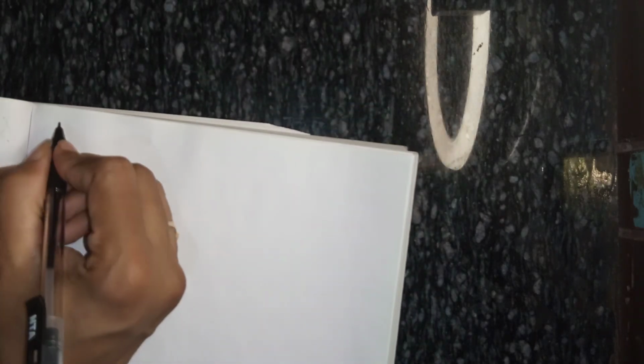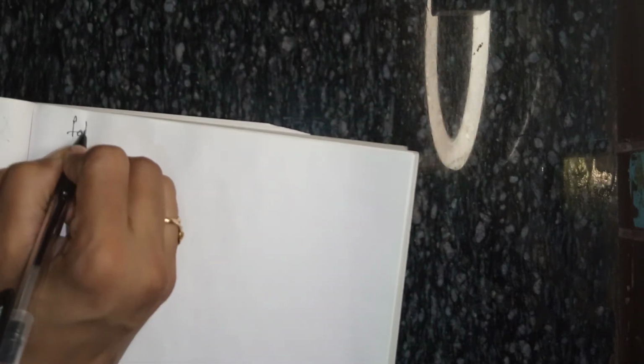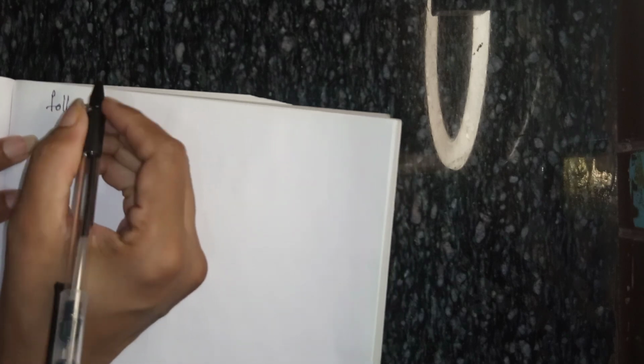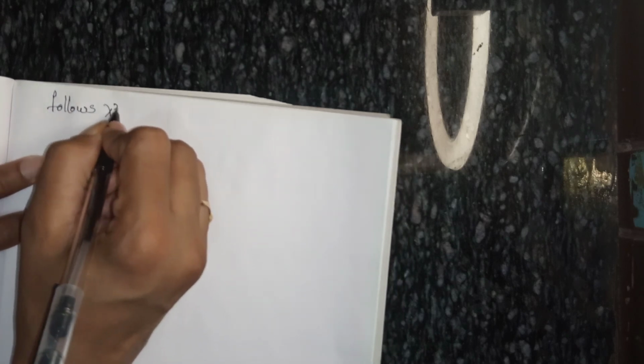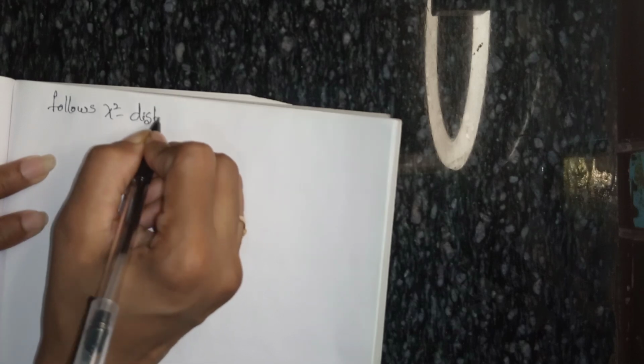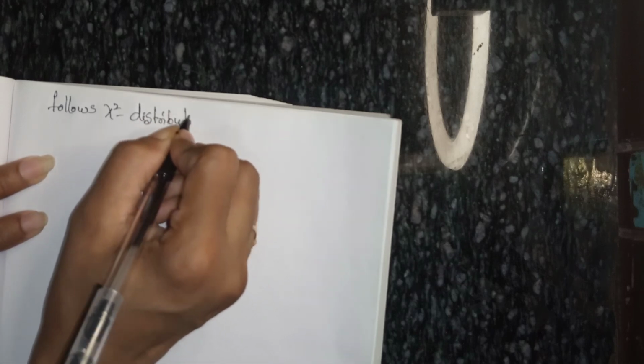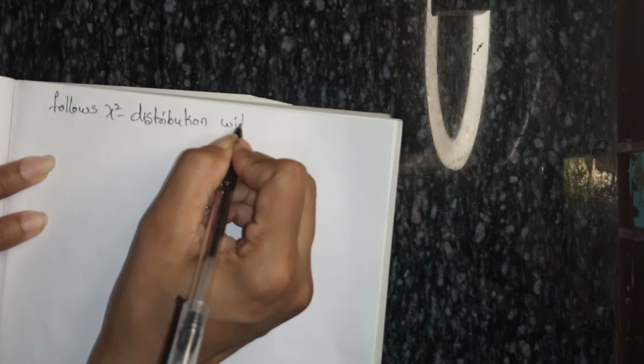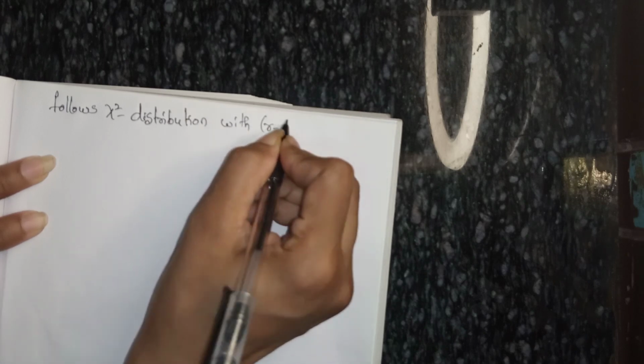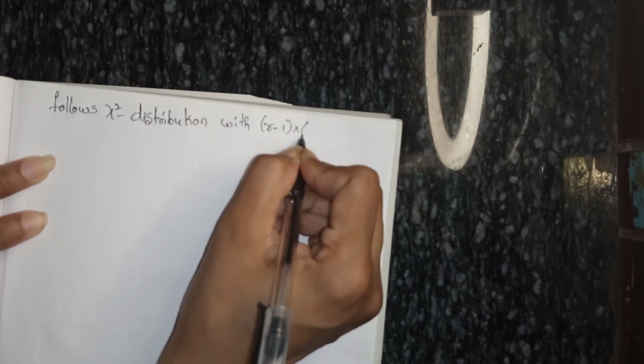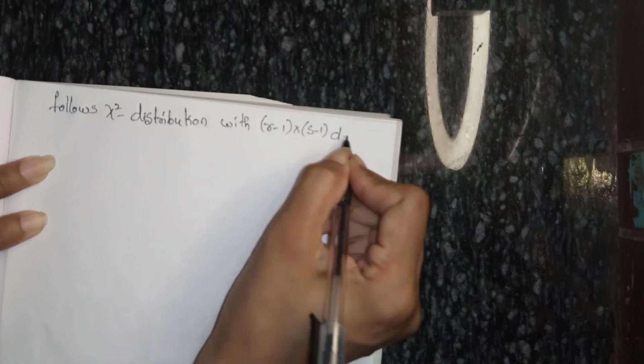Now the above formula follows a chi-square distribution with (r minus 1) into (s minus 1) degrees of freedom.